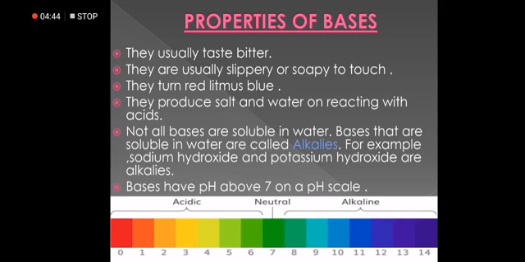This indicates that the substance is basic. If the color is dark blue or violet, that means the substance is a strong base. But if the color is towards green or the value is very close to 7, that means the substance is a base but it is a weak base.